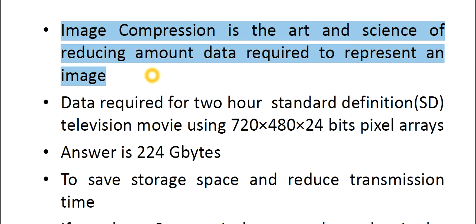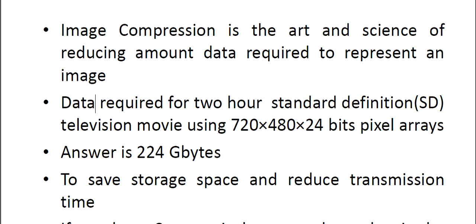an image. Just for an example, say the data required for a 2 hour standard definition, that is SD, television movie using 720 cross 480 cross 24 bits per pixel arrays. What will be the value? So as a whole, you will need 224 gigabytes.